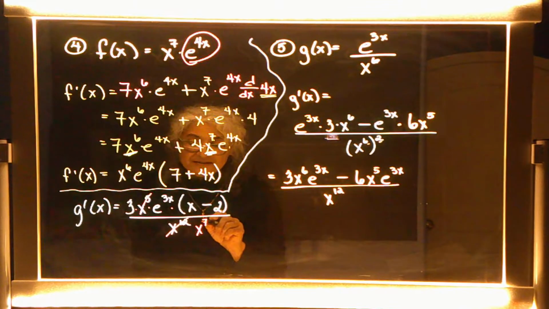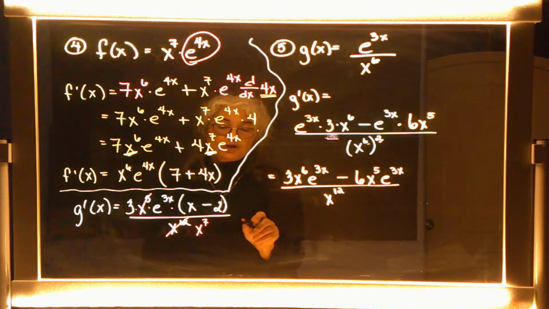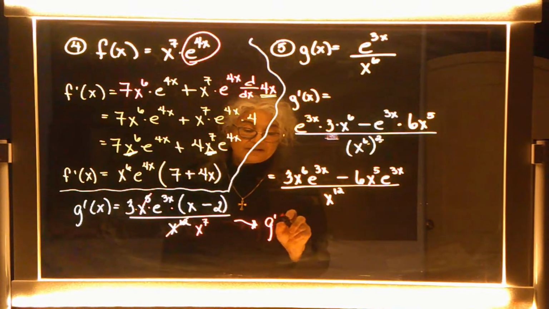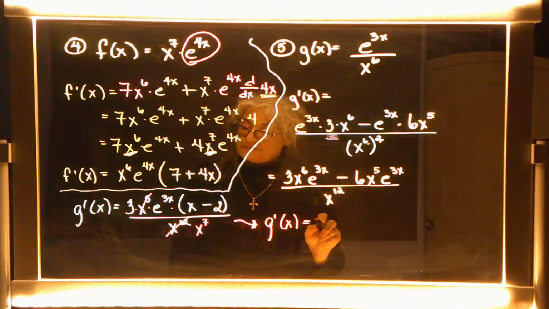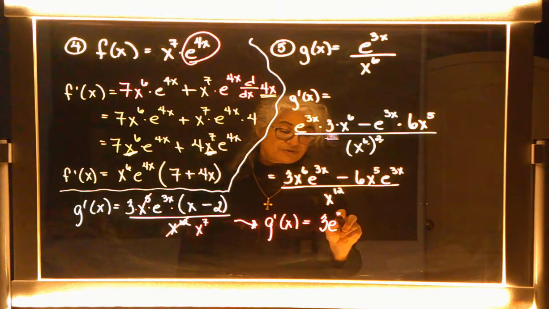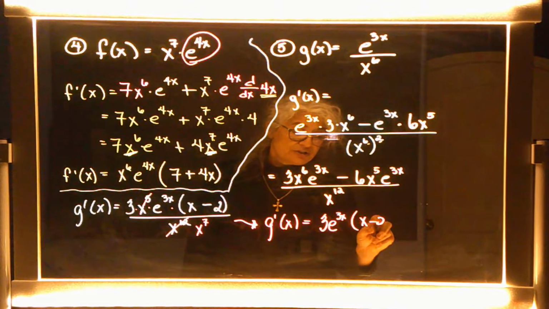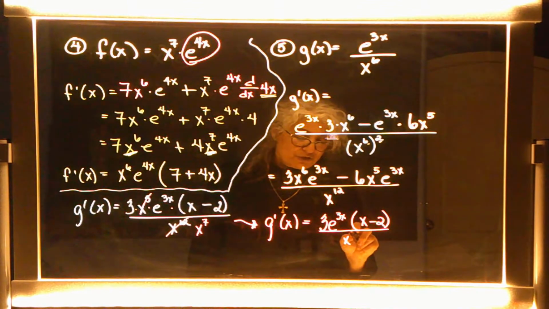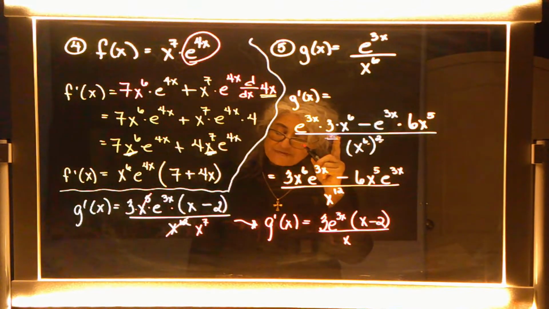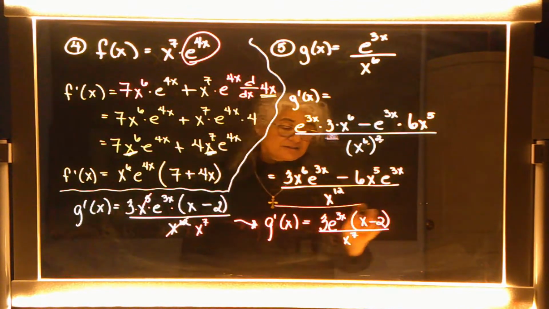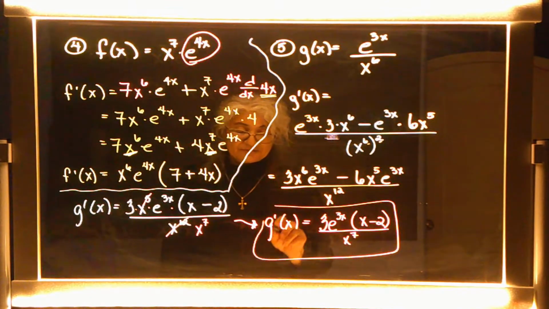I have an x to the 7th left on the bottom, which tells me the derivative of this function is going to be 3e to the 3x times the parentheses of x minus 2 all over x to the power of 7. Good job. And this would be my final answer.